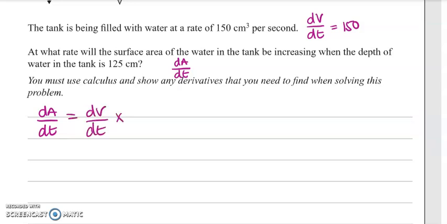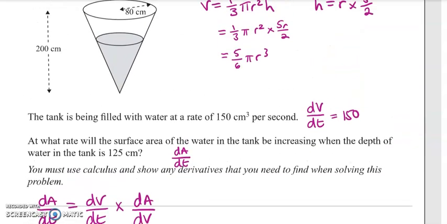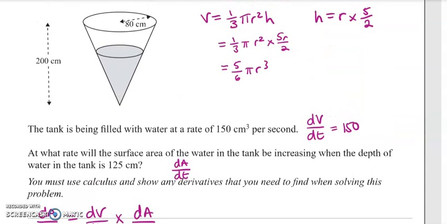So what would we need to times that by to get dA by dt? We would need to multiply it by dA by dV, so that the v's cancel and we're left with dA by dt.